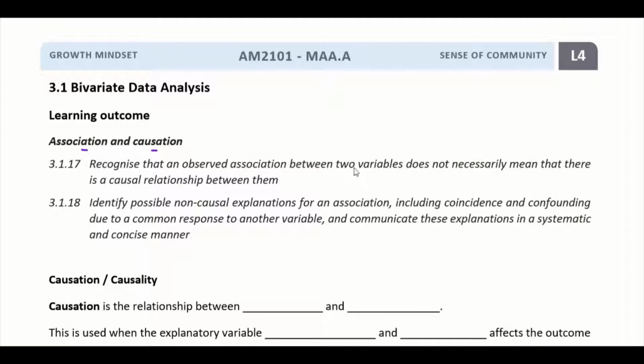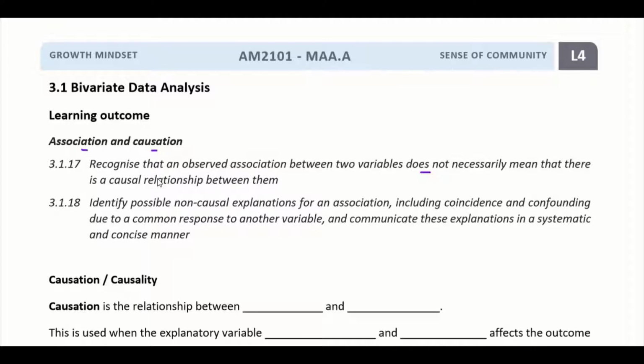The two main objectives for the day: first, we need to recognize that when there is an association, it doesn't mean that there is a causal relationship. So we'll be looking at what is meant by causation or causal relationship. The second thing is, if it's non-causal, then what is the explanation?